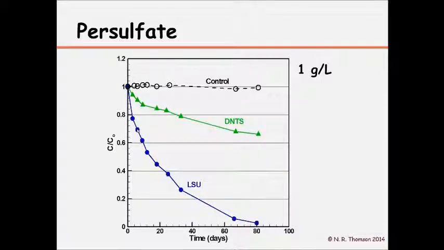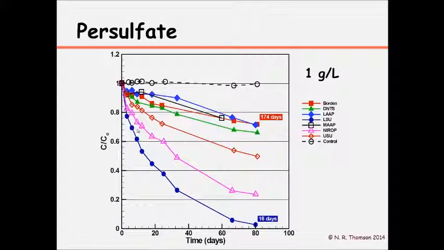For persulfate, it behaves in a very similar case to peroxide, insofar as the behavior of persulfate in the presence of aquifer materials shows that the aquifer materials will enhance the degradation rate. Here's a plot for persulfate at a concentration of 1 gram per liter for 2 aquifer materials.